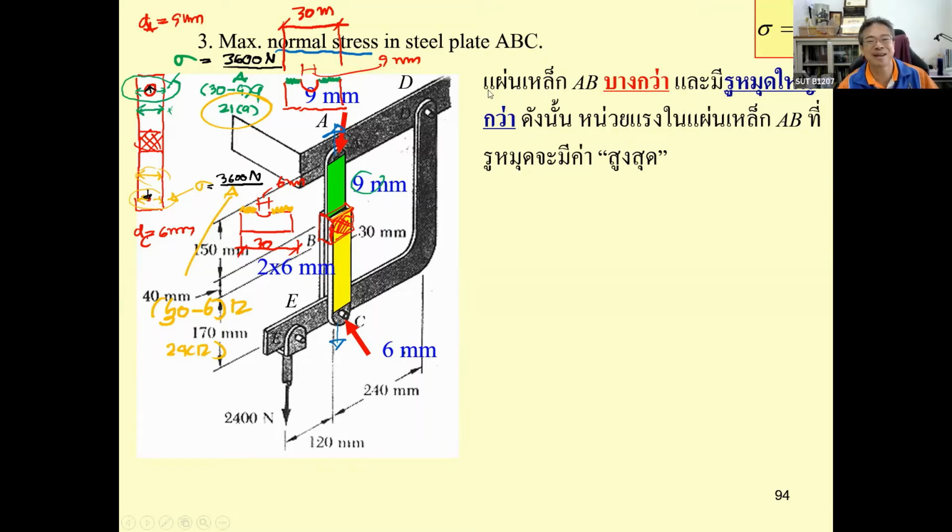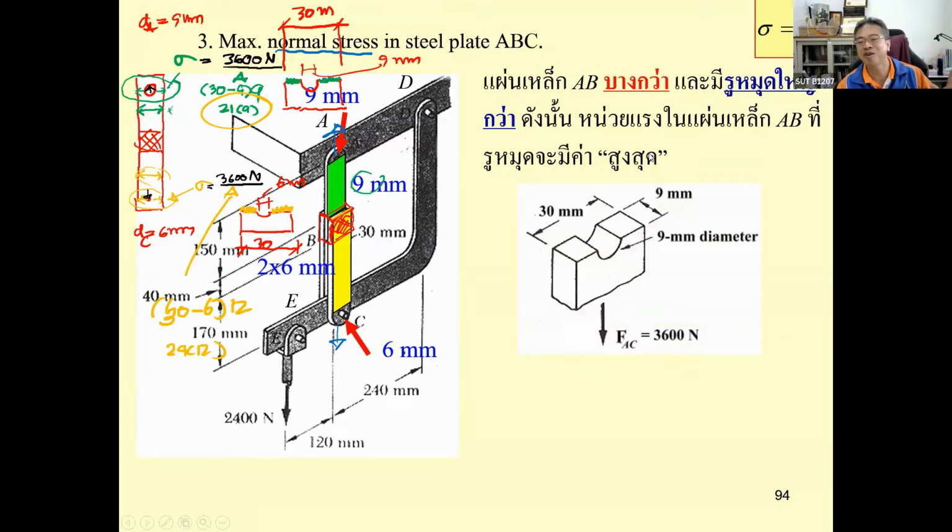Since the plate AB is thinner, the green one is thinner and has a bigger hole. So the green area is going to be smaller than the yellow area. So the stress in the green area is going to be larger. If you do not consider this, you just do the same way as I did over here.